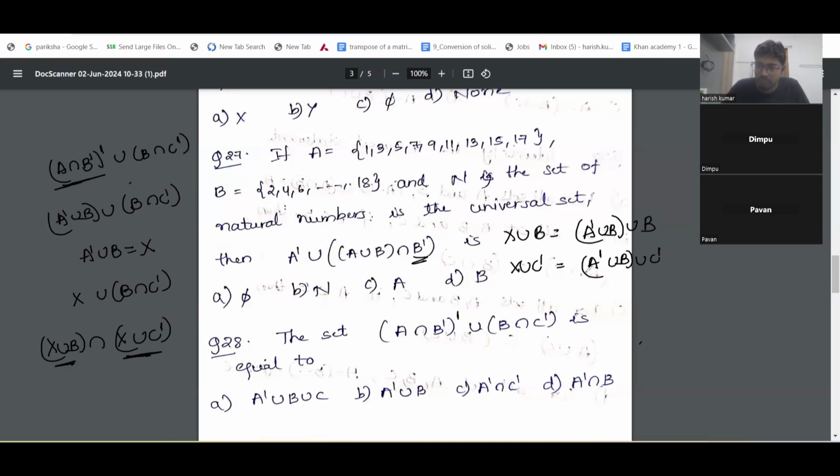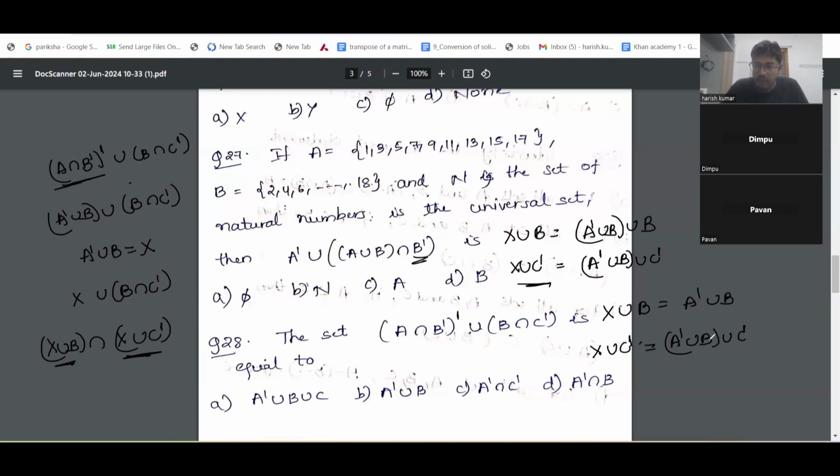Now, A complement union B union B: already I am doing union B, so there is no need to do it once again. So X union B is therefore A complement union B. And X union C complement is A complement union B union C complement.